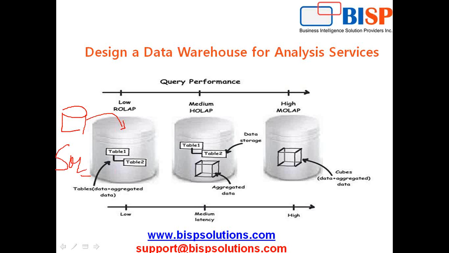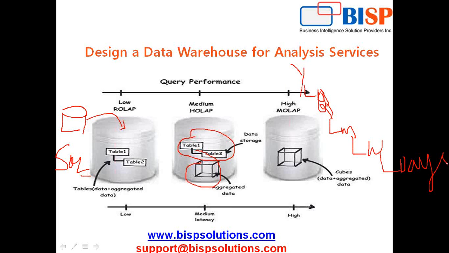The second kind of OLAP is called HOLAP, hybrid OLAP, which is the appropriate combination of relational database and multidimensional database. For example, your hierarchy is like this: year, quarter, month, weeks and days. This is my hierarchy. The more granular data I store, the slower my query is.